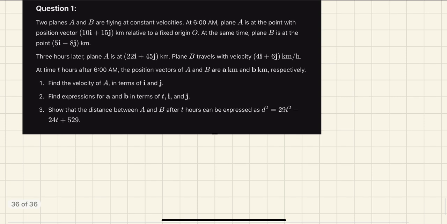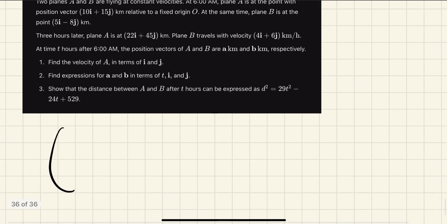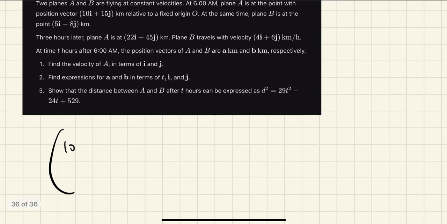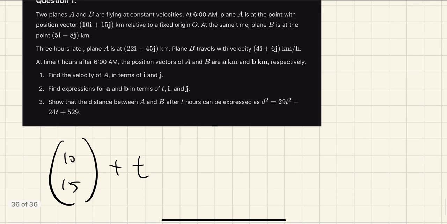Let's start. Find A. Where does A start? A is at the position 10i plus 15j. i just means x, to the right, and j just means y. So 10, 15 plus t. Do we have t? Yes, we do: 3 hours later.